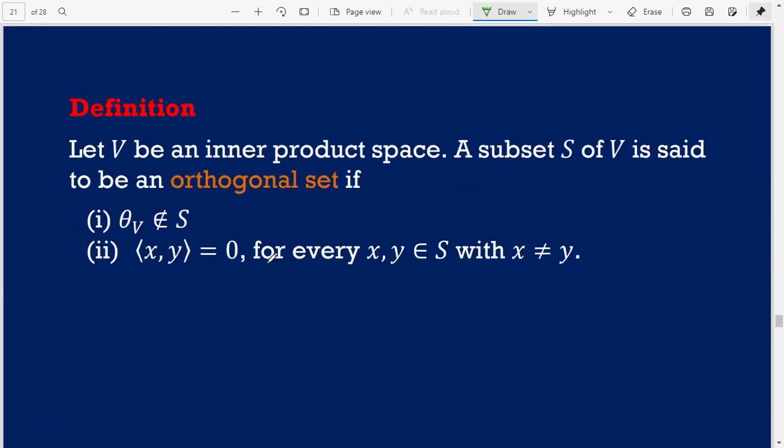Now see the definition of orthogonal set. Let V be an inner product space. A subset S of V is said to be an orthogonal set if 0 vector does not belong to S and inner product x with y is equal to 0 for every x, y belongs to S with x is not equal to y.